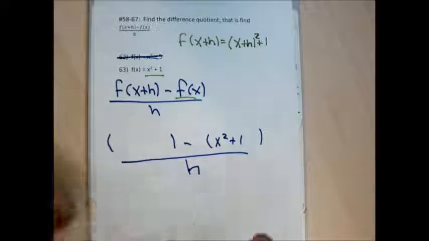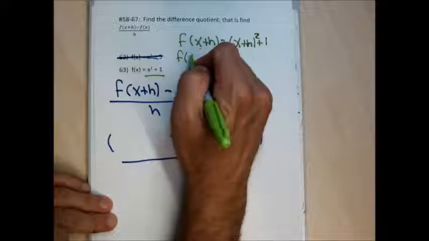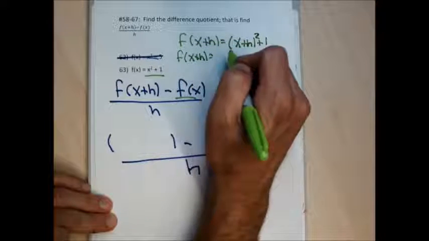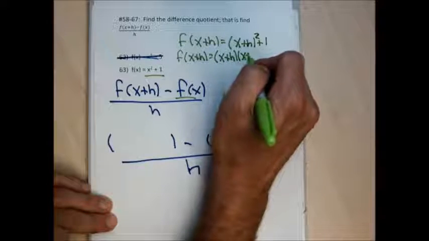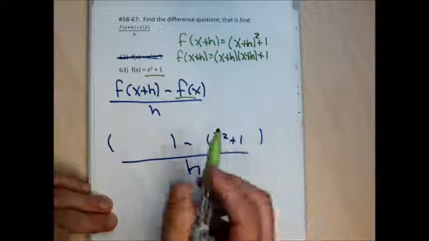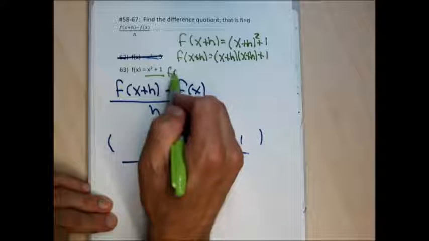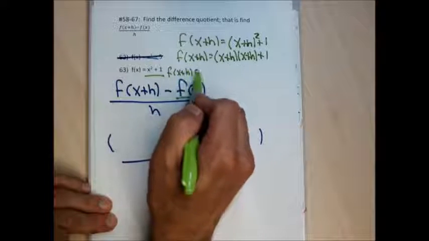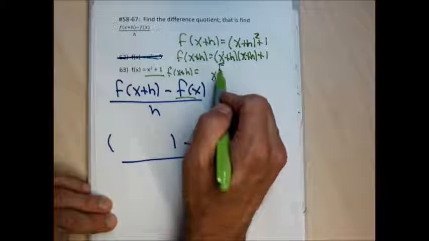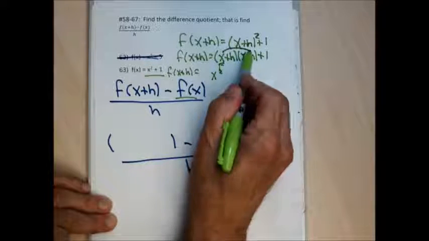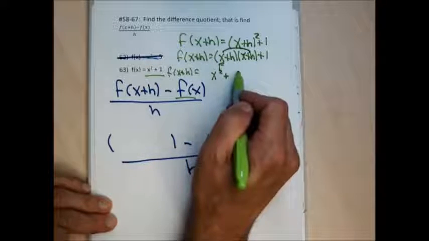And as I simplify this, I get f of x plus h equals x plus h times x plus h plus 1. And this I'm going to need to FOIL. Firsts are going to be x times x, which is x squared. Outers are x times h, and I'm just going to write x times h.